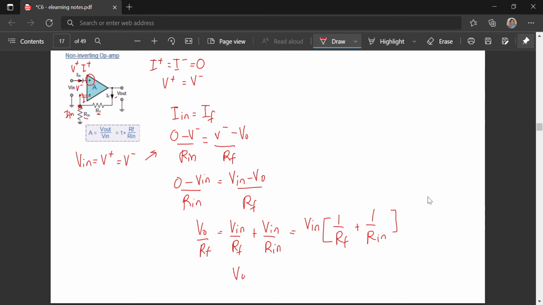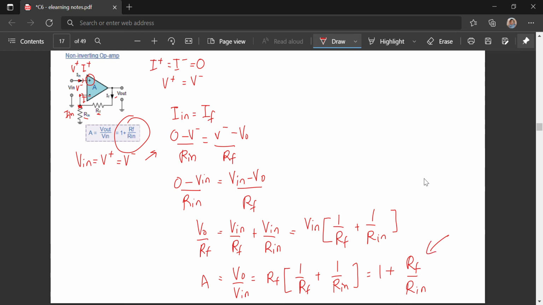Therefore V out over V in will equal R F over 1 over R F plus 1 over R in, which equals 1 plus R F over R in. That's why you get the same equation here.